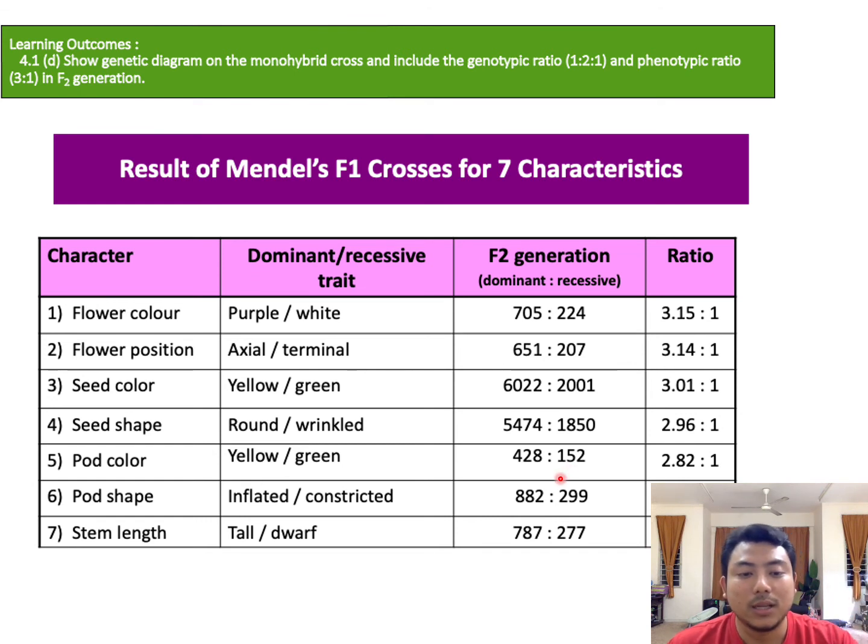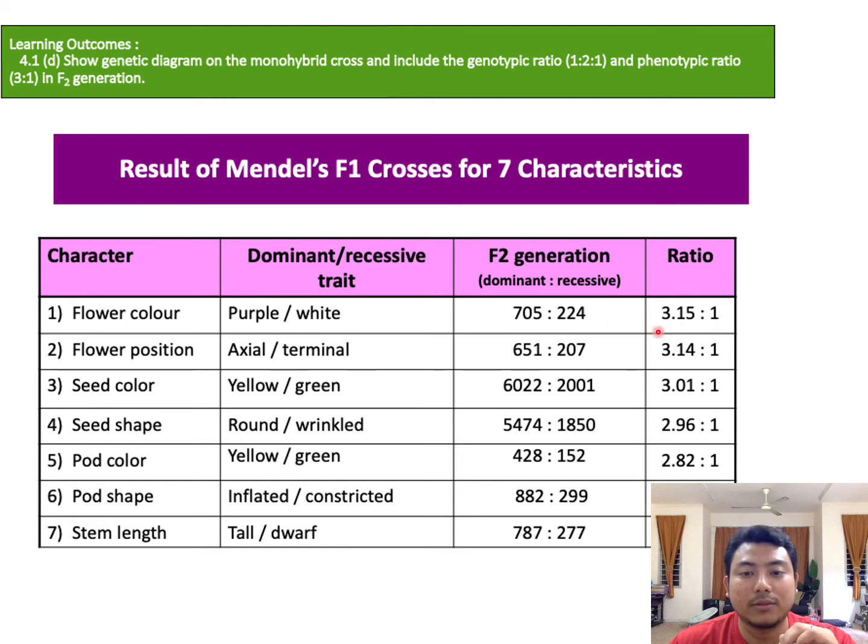Okay, now let us look at this one. This is the result of Mendel's experiment himself for the 7 characteristics that he studied. So he studied flower color, purple and white. After he did the monohybrid cross and ended up with the F2 generation, we can see the dominant and recessive traits.